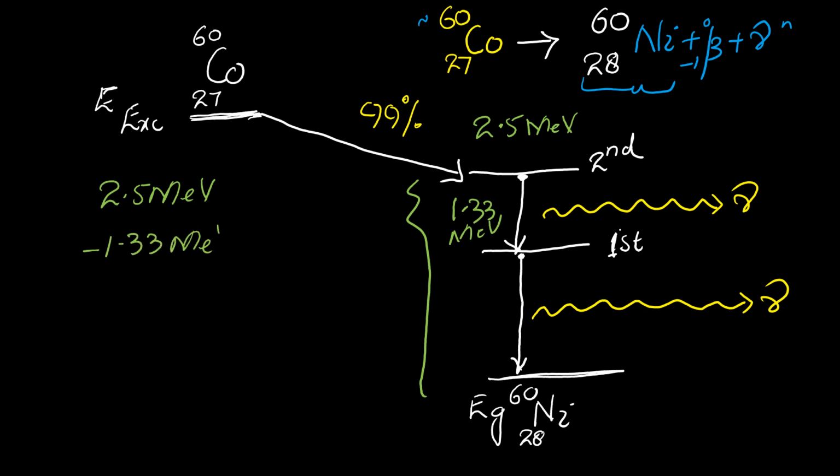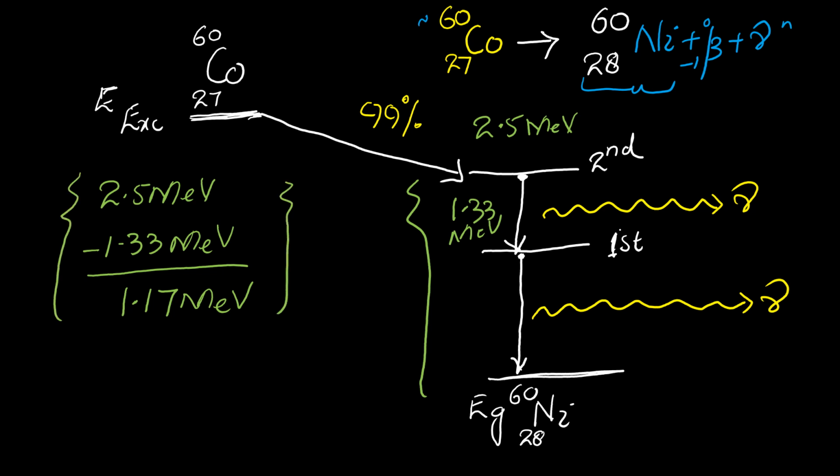So the net amount of energy released due to gamma decay will be around 1.17 mega electron volts. This is a huge amount of energy during the transition of cobalt 60 into nickel 60.